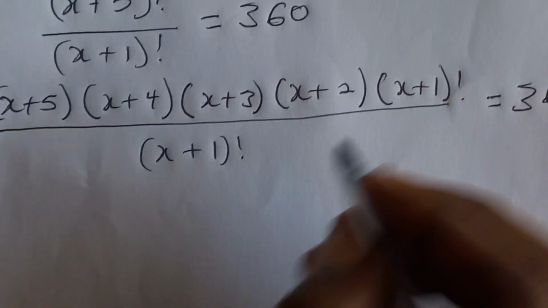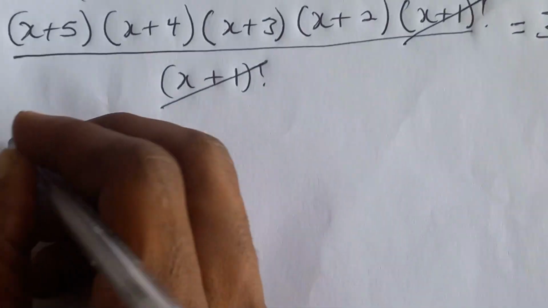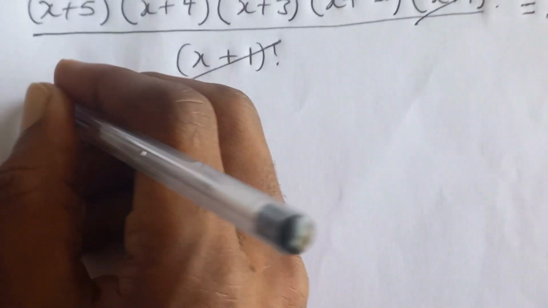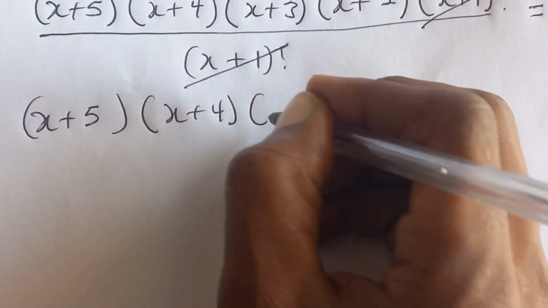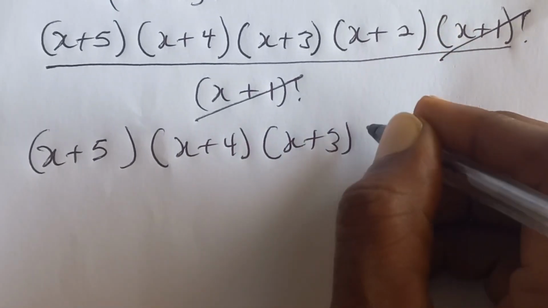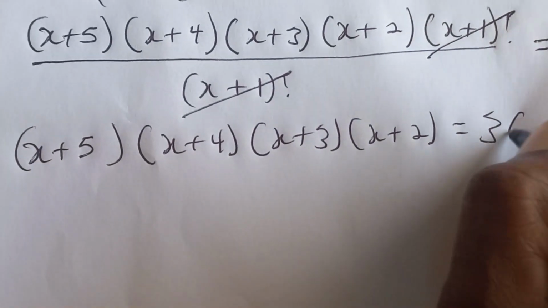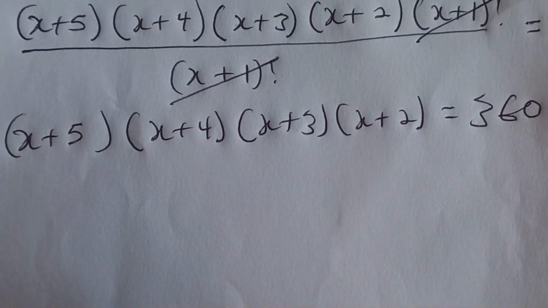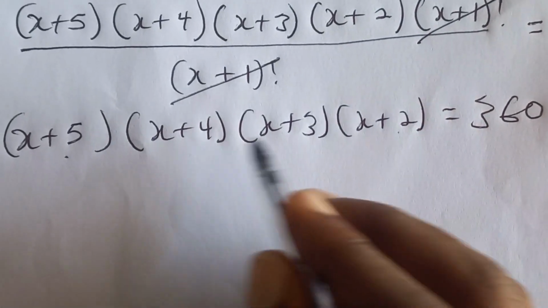You know that from here, we cancel this, leaving (x+5)(x+4)(x+3)(x+2) equal to 360. So now we can multiply this by this, then this by this.